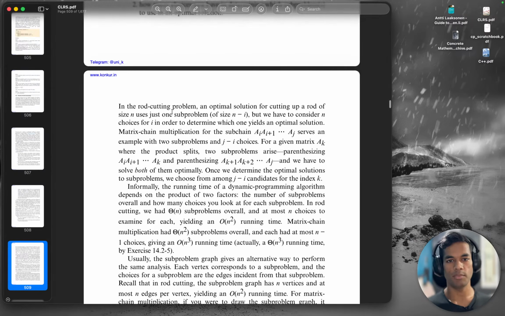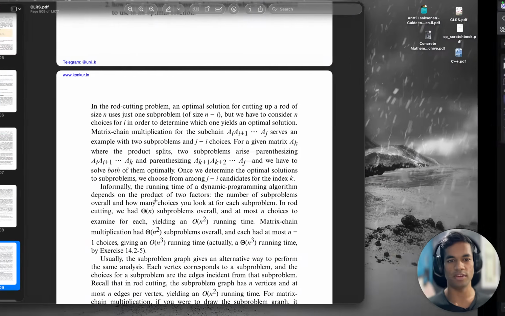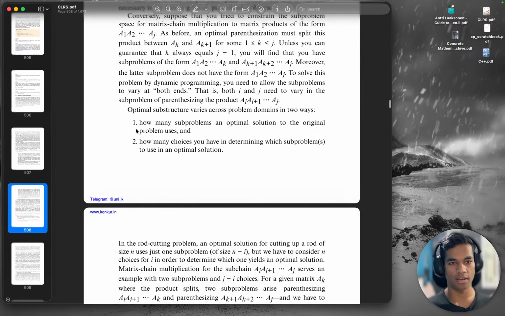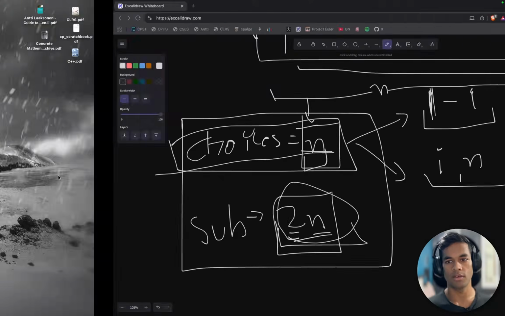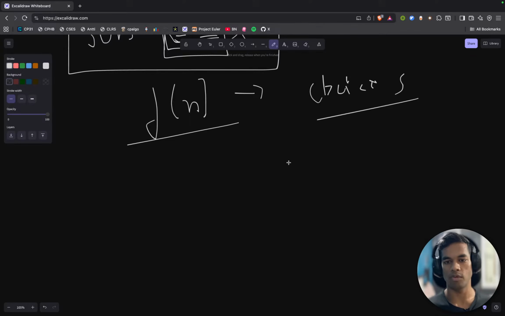In the rod cutting problem and optimal. And Eric, did you see this? This is very interesting. Maybe, I guess you knew this already. When we are solving a problem using dynamic programming at any point, let's say when our problem size is n, we have a number of choices, and we have a number of subproblems which result from making a particular choice.